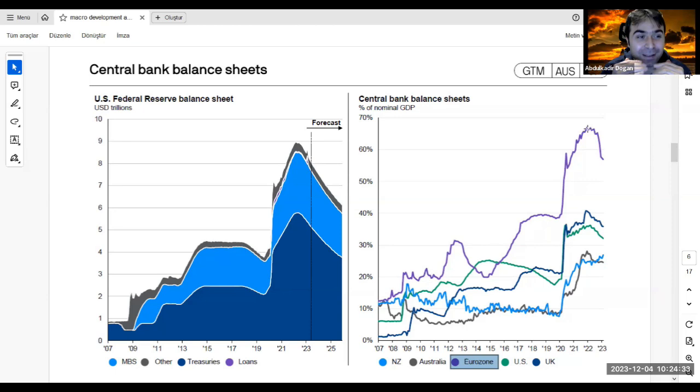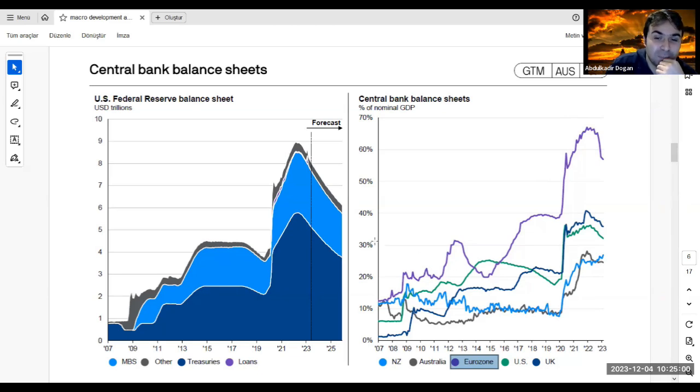For that reason, after the COVID process, inflation all around the world increased hugely, because we have lots of money at hand and that money is really cheap. As you see here, the Eurozone has the highest balance sheet compared to GDP, and New Zealand and Australia are the lowest.